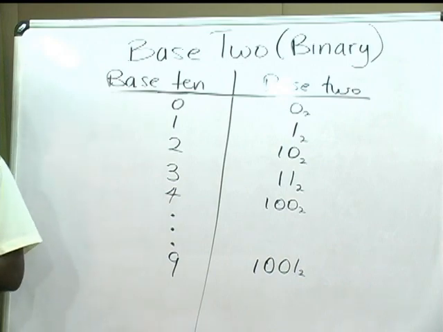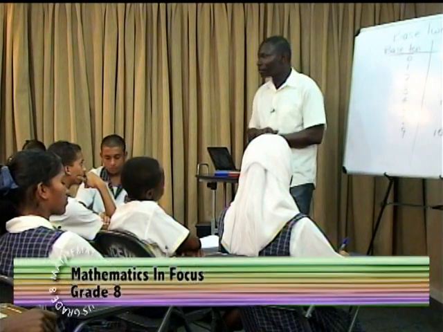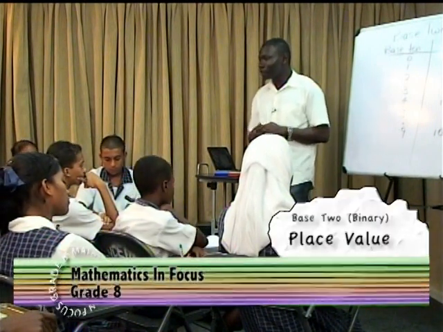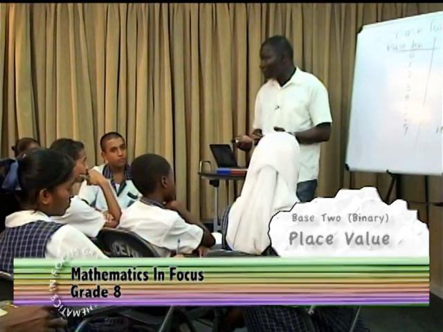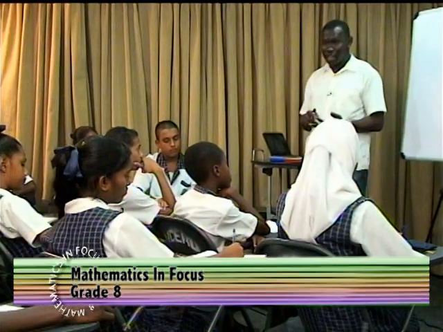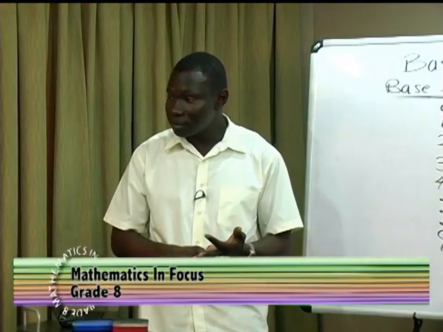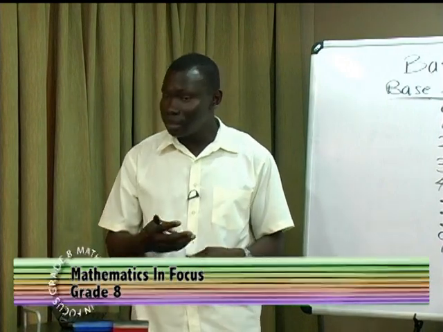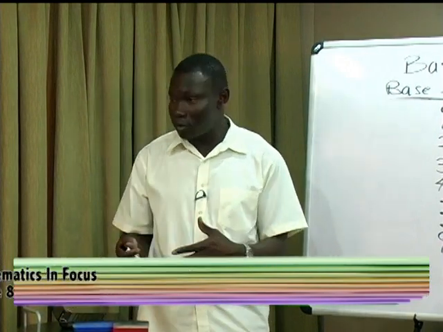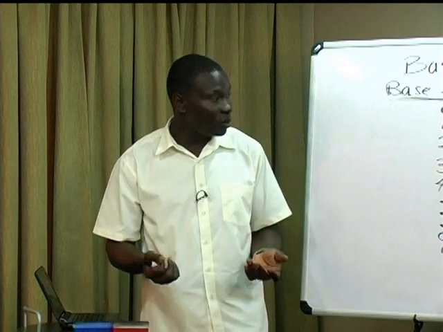When you hear place value, what comes to mind? For example, we'll be talking about the place value of units. Then we have tens, hundreds, thousands, tens of thousands, and we can keep going on like that. So we talk about place value.